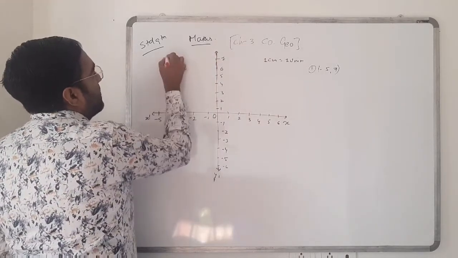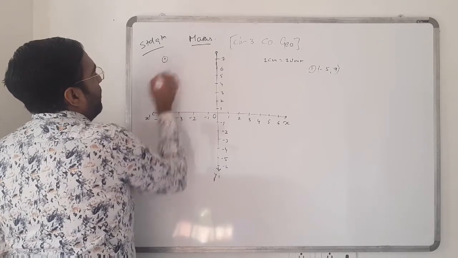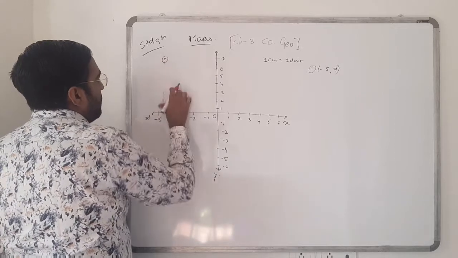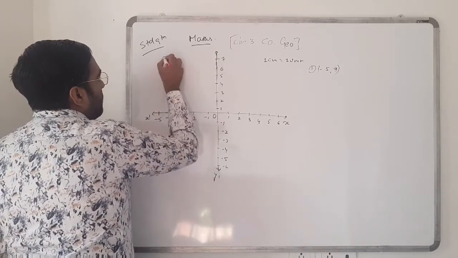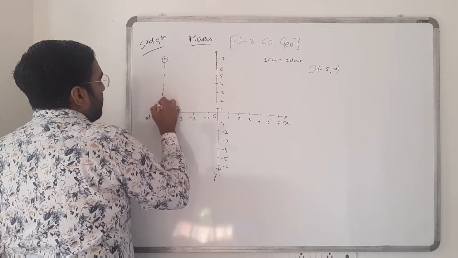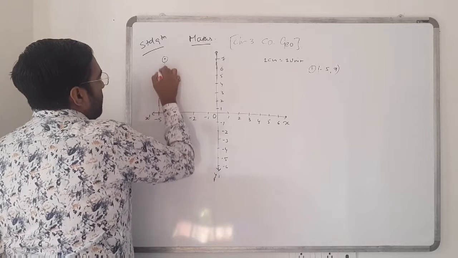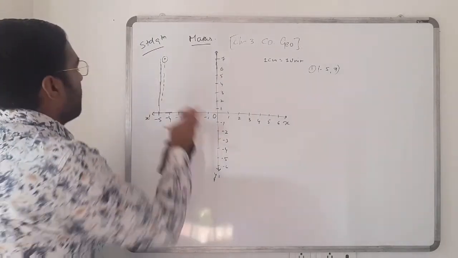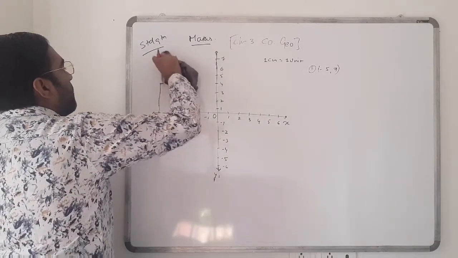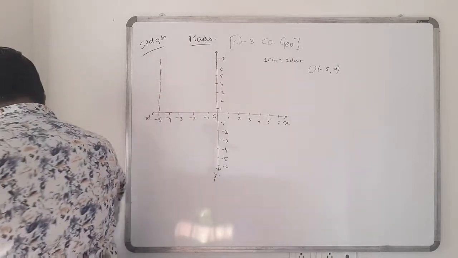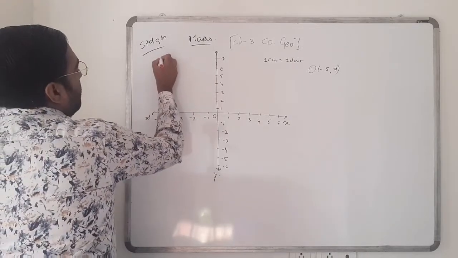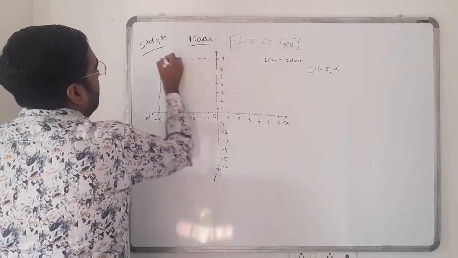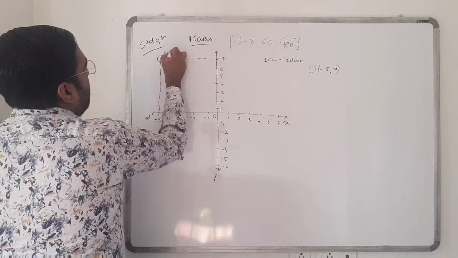So minus 5 comma 7, your point should lie here. Minus 5 comma 7.